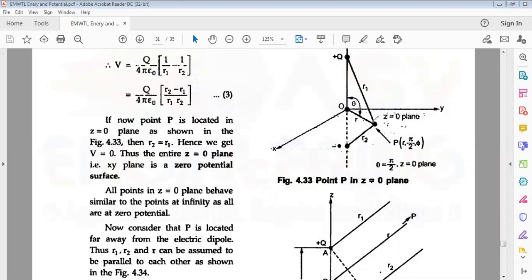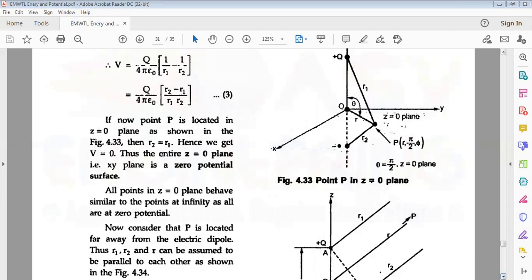Both distances are the same. Previously, if I assume a point P with distances R1 and R2, the potential at P is V. And in the second case, when R1 and R2 are both the same, the distance from point A to P and from B to P are the same, then the voltage is 0.